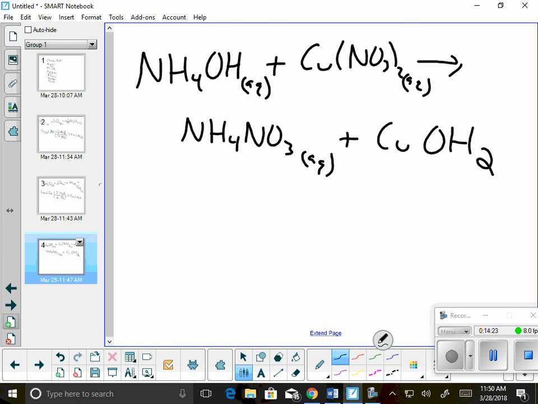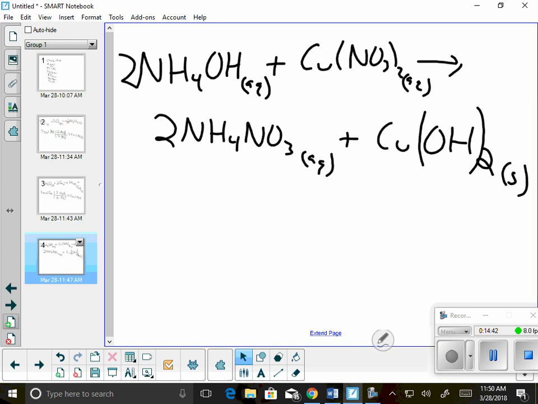Yeah, take a good look at yourself if you're one of the people that did this. Shame on you. Parentheses with the 2 on the outside. This is our solid. Equation's not balanced, though. 2 nitrates in the reactant, 2 nitrates here. Equation's balanced. You can't do stoich without a balanced equation.